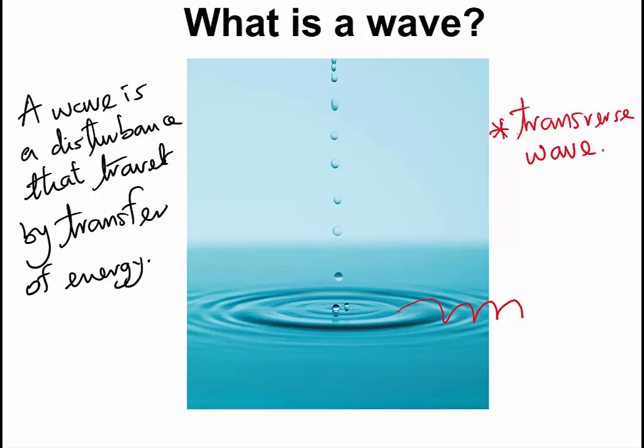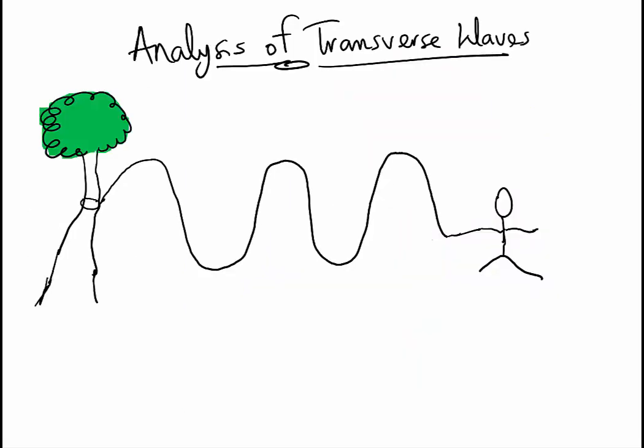Let us now understand what is a transverse wave. If you tie a piece of rope to a tree, a transverse wave will be generated. Now, the highest point of the transverse wave is known as the crest of the wave. The lowest point of the wave is known as the trough of the wave.